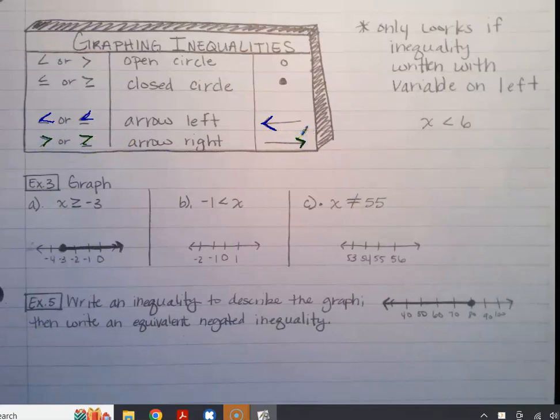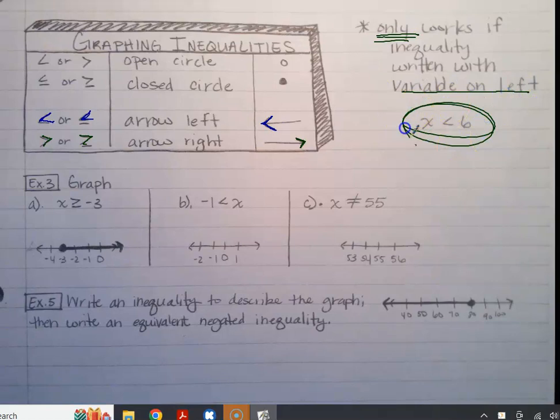The caveat: this only works if your inequality is written with the variable on the left. It has to have the variable on the left. Otherwise, these shortcuts will not work. Then you rewrite it like we just did on the previous page. We had -2 is less than or equal to x or something like that.